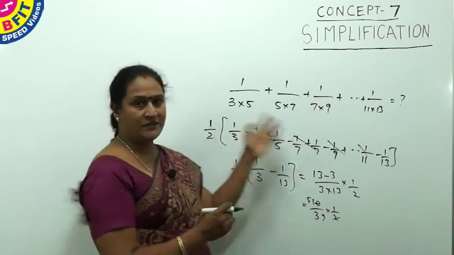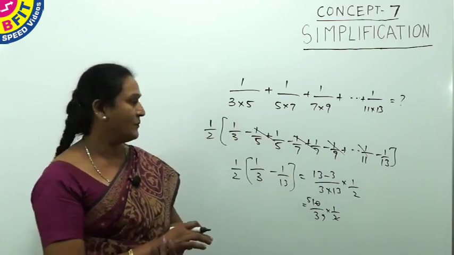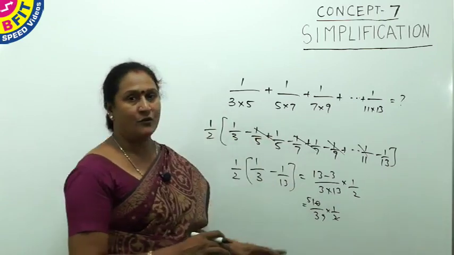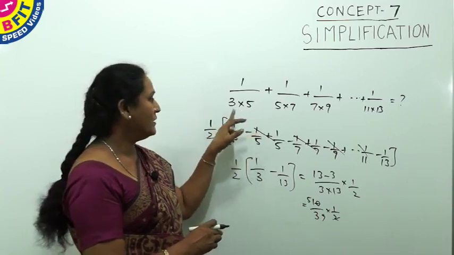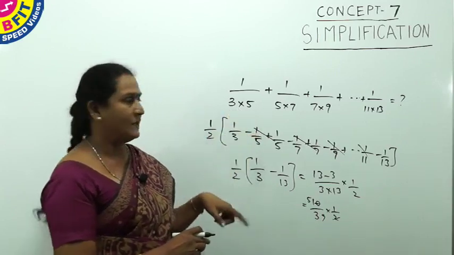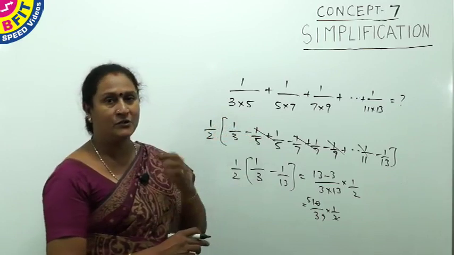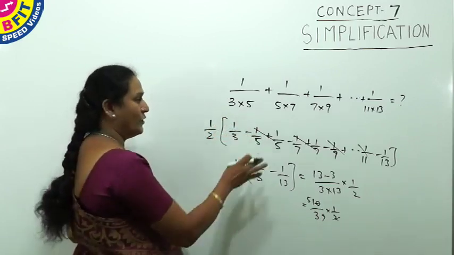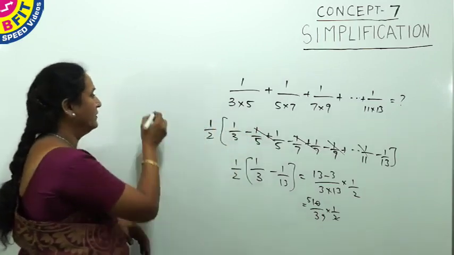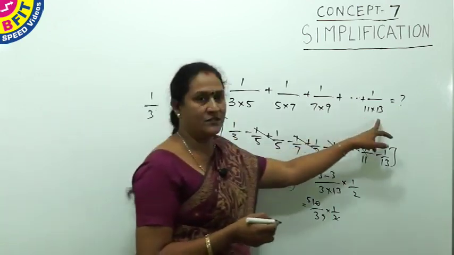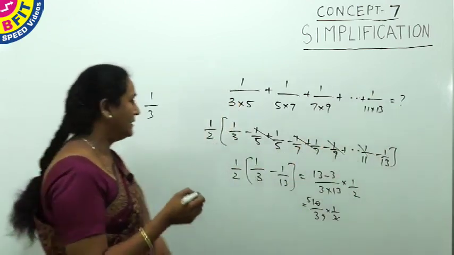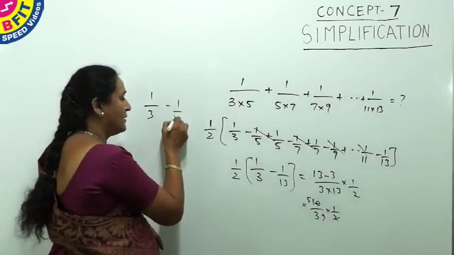When we get this type of question, instead of doing all this, you see what the pattern is. Here it is the product of two consecutive numbers. So what is the difference? It is 2. So instead of doing all this, take the first fraction and the last fraction, 1 by 13, and subtract.